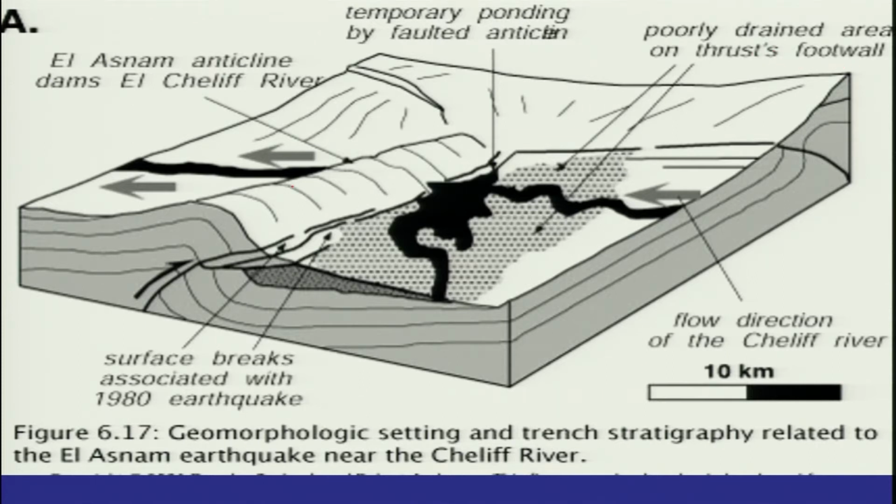So this is the hanging wall, and this is the footwall here. This process was experienced because of the 1980 Alasnam earthquake, and they also identified in the trench that similar phenomena had occurred in the past also.